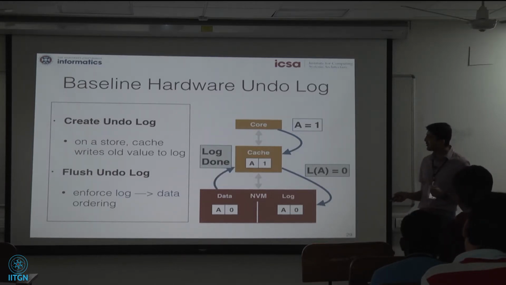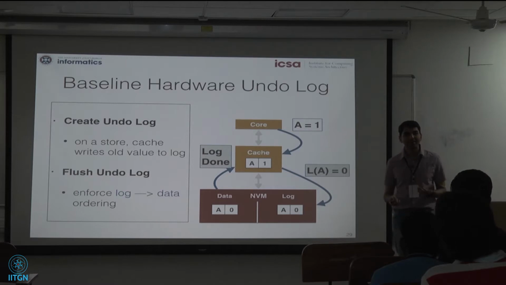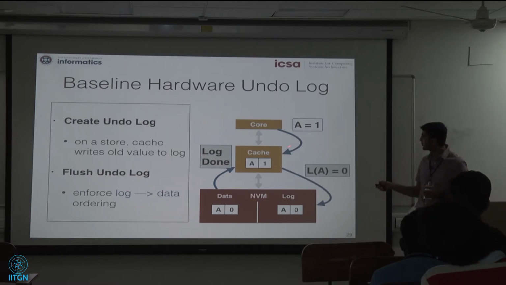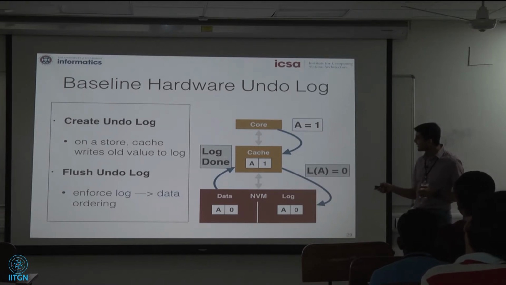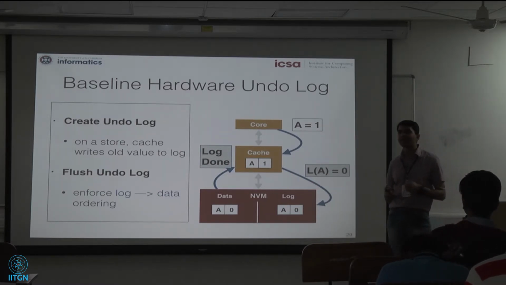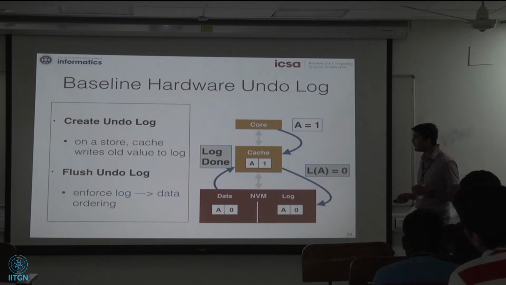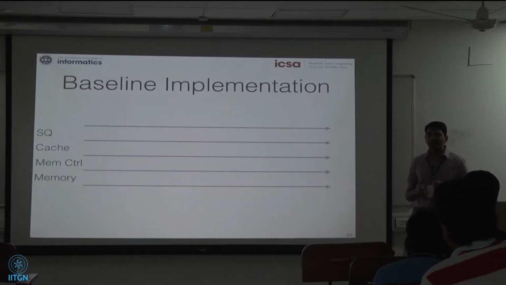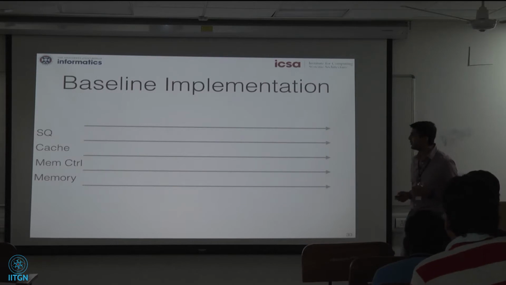Once it gets an acknowledgement from the memory that the log write has completed, it can complete the store request from the processor. So the cache hierarchy easily implements this data movement task, and it uses this feedback mechanism to guarantee that log to data ordering is always enforced. But if you look at this, it's not great in terms of performance.